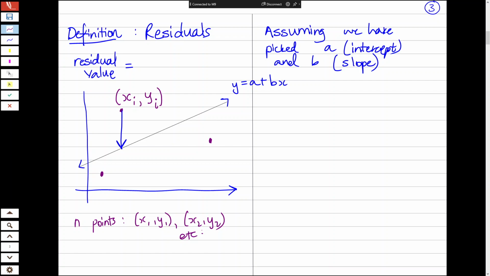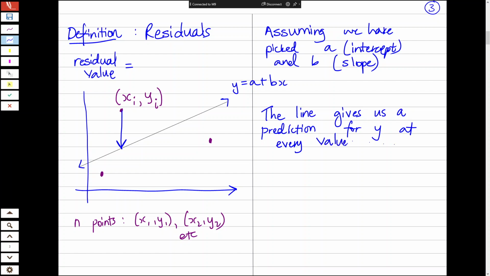So this is something that our Year 12s last year had trouble grasping. So I'm going to write it out in words, and maybe this will help. So the line gives us a prediction for y at every value of x.